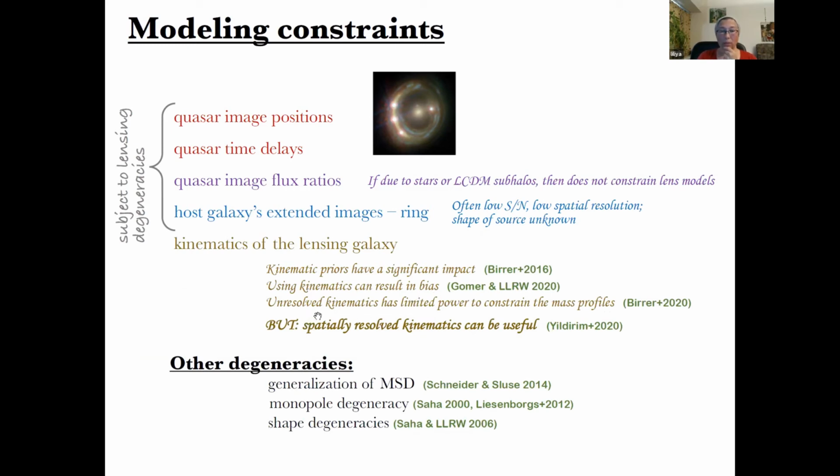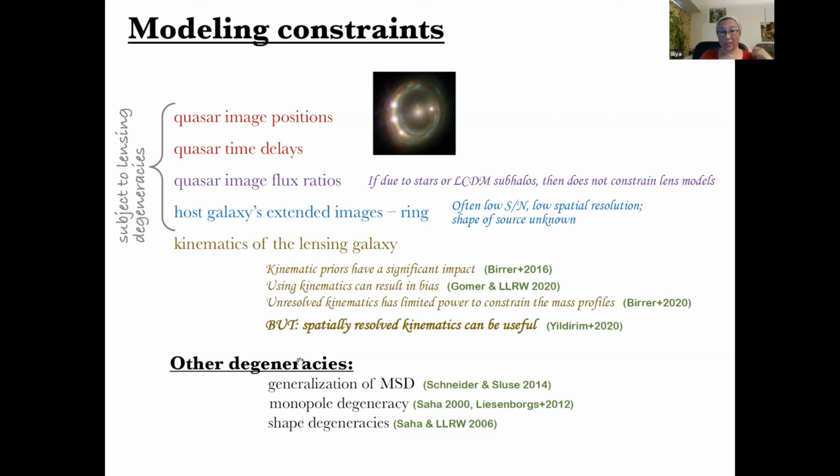And also, it was realized that in some cases, unresolved kinematics, meaning measuring the amount of mass just in one cylinder going through the center of the lens, has limited power to constrain the mass profiles. The good news here is that in the near future, JWST, the James Webb Space Telescope, will give us spatially resolved kinematics, meaning we're going to have the velocity dispersion not just in a single cylinder going through the center of the lens, but at multiple locations. And that has great hope in breaking mass degeneracy.